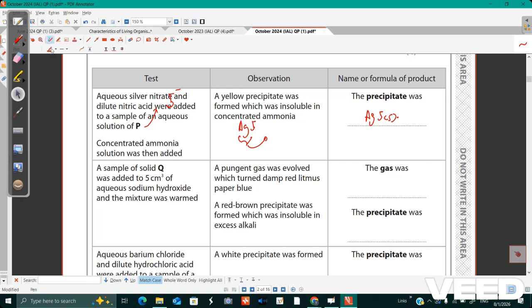Red litmus turning blue means the gas must be an alkaline gas. The only alkaline gas we are studying is ammonia, so it must be ammonia gas.